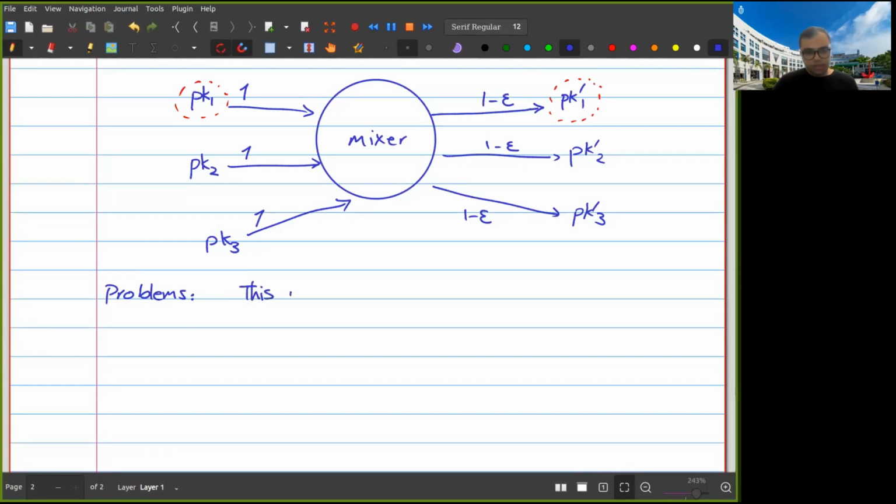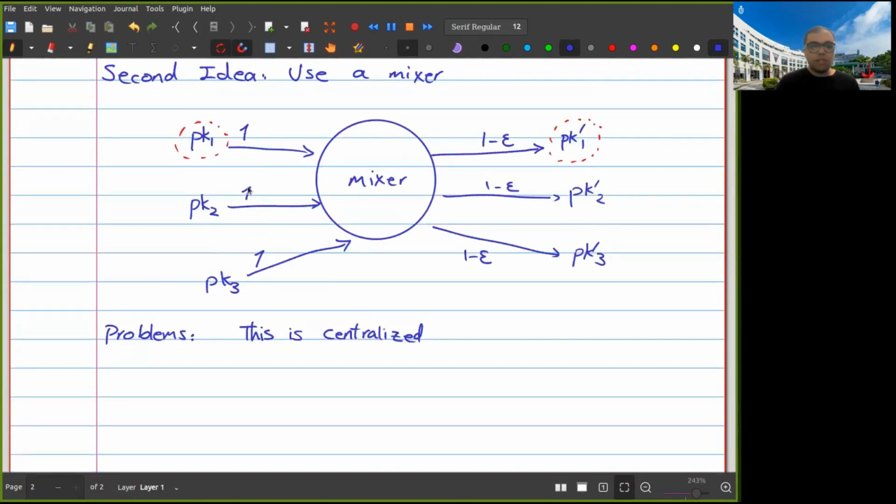So this is centralized, which means that, well, we have a central entity. We have the mixer, whoever is giving us this service. And of course, no one on the blockchain knows the connection between my initial account and my final account, but the mixer knows that. So what if the mixer leaks it?